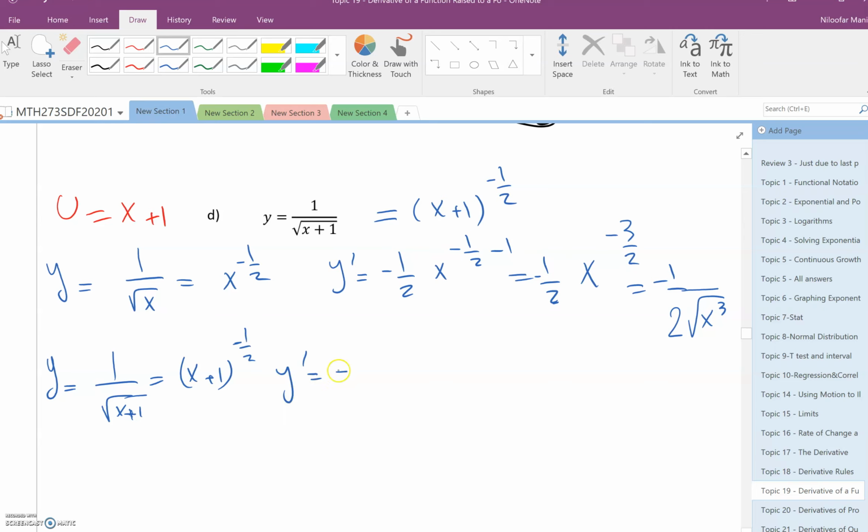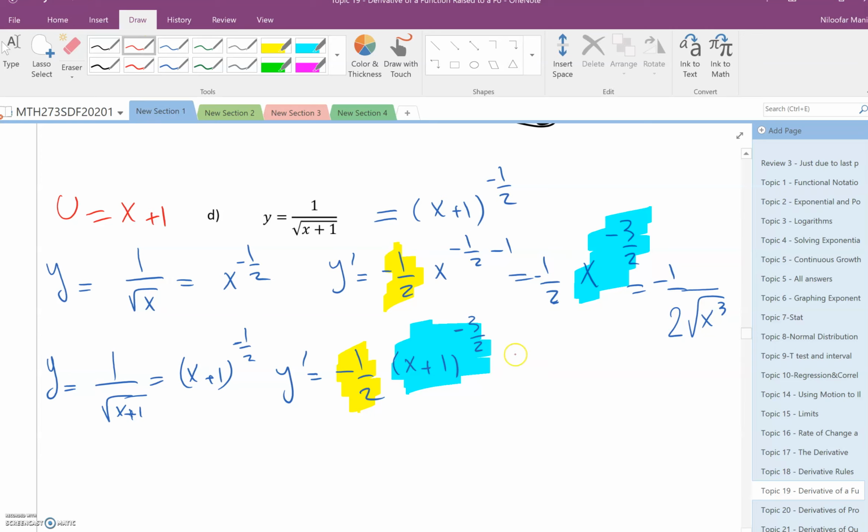Y prime is minus 1 over 2, instead of x power, I have x plus 1 power minus 3 over 2, and then I times with derivative of u or u prime.